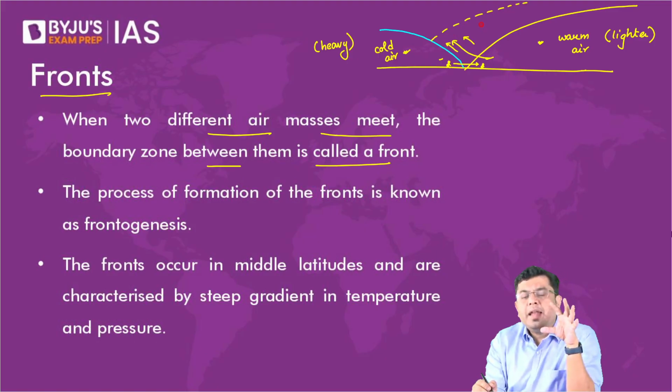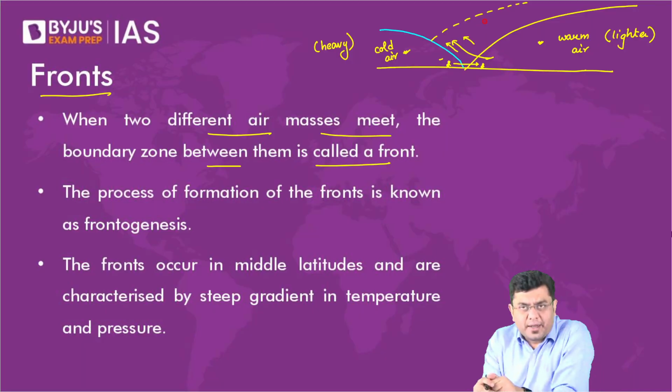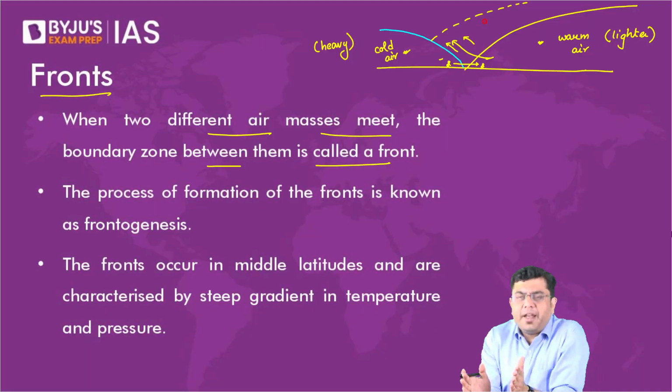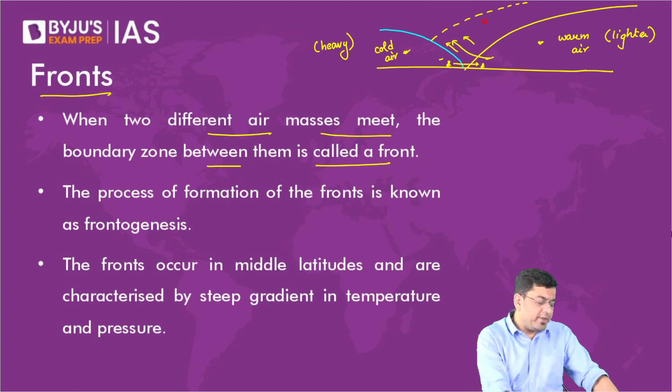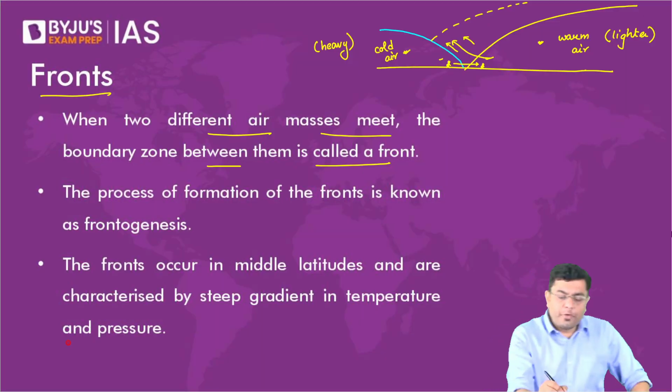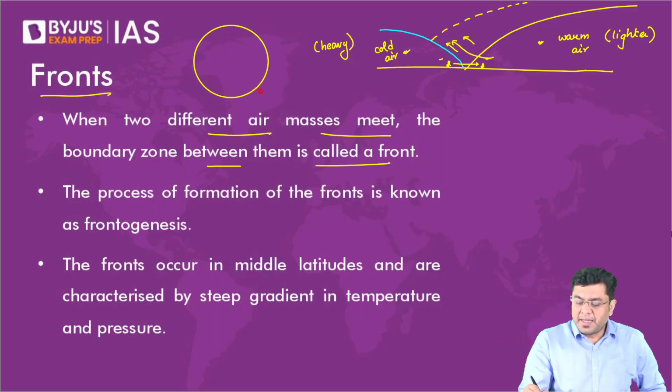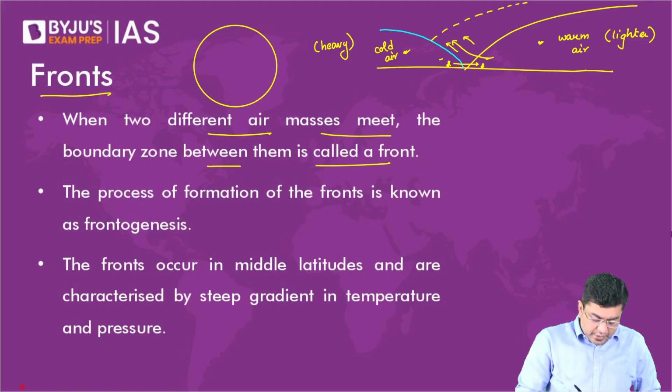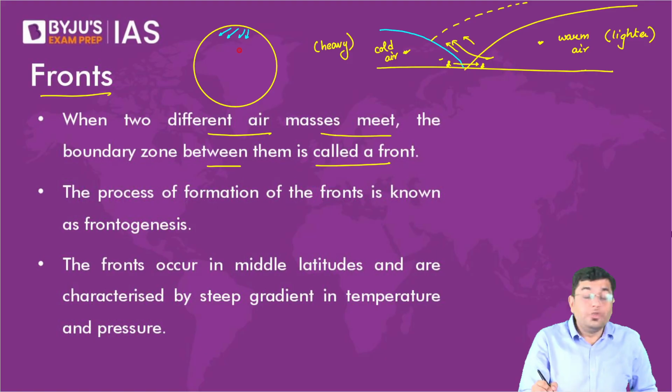Okay. Now, how is it that this front is created? A front is created whenever you have from one region warm air coming in, from one region cold air coming in. That is when a front is created. So, for example, if we consider the planet, we do know that from the polar areas, you have cold air coming in. Now, it is not going to be the case that everywhere the cold air will have the same stretch. Maybe in certain areas, the cold air comes further southwards.